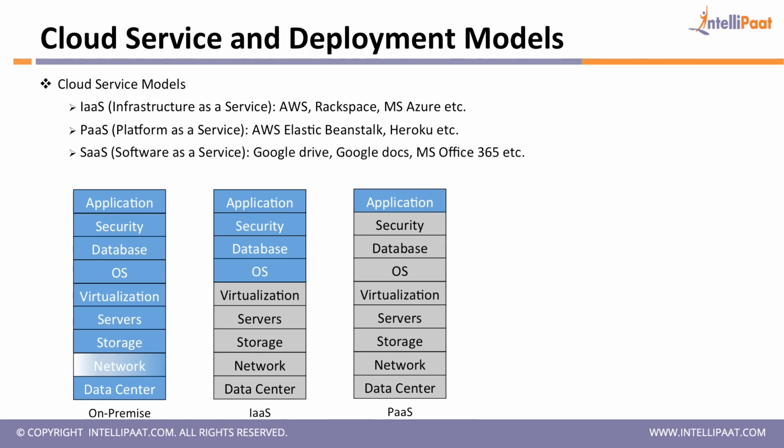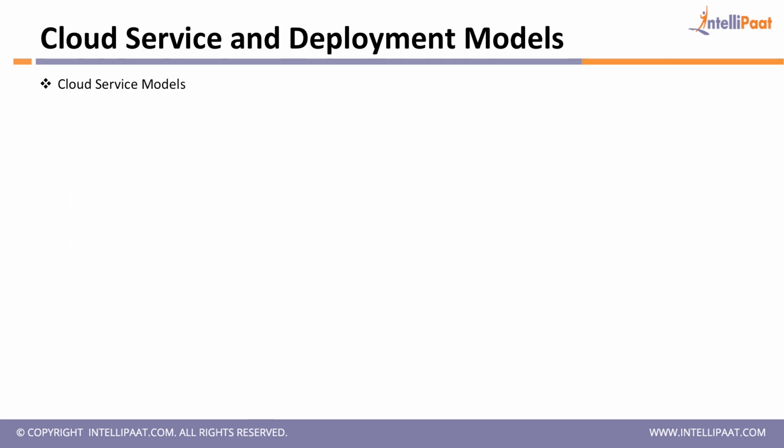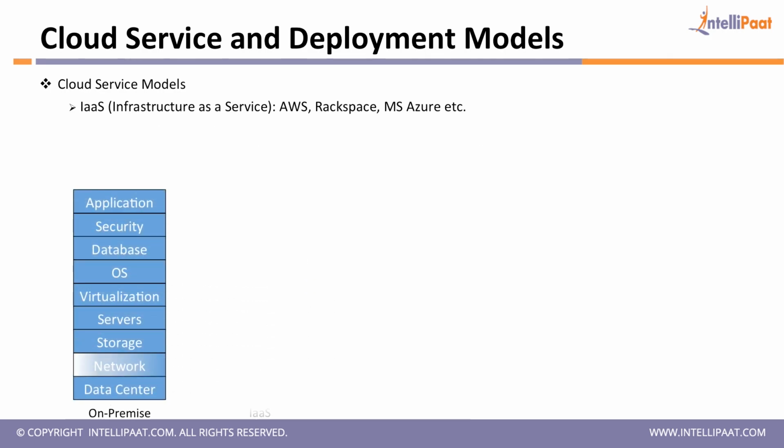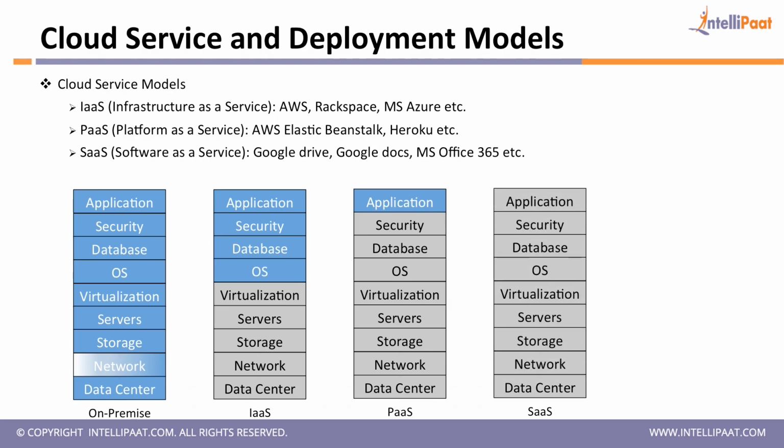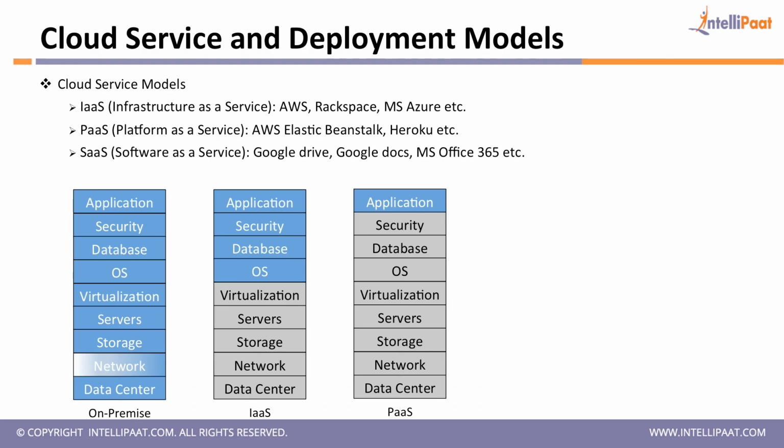And finally, we have something called software as a service, like Google Drive, Google Docs, MS Office, Microsoft Office 365. If you notice, we do not install any of the software on our machine. What we do is we just go ahead and use the software.